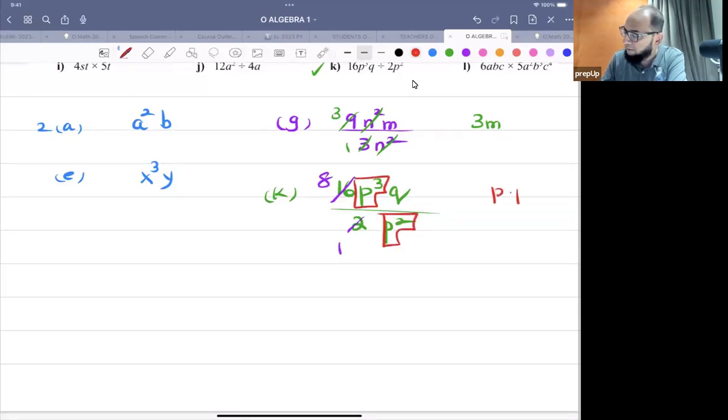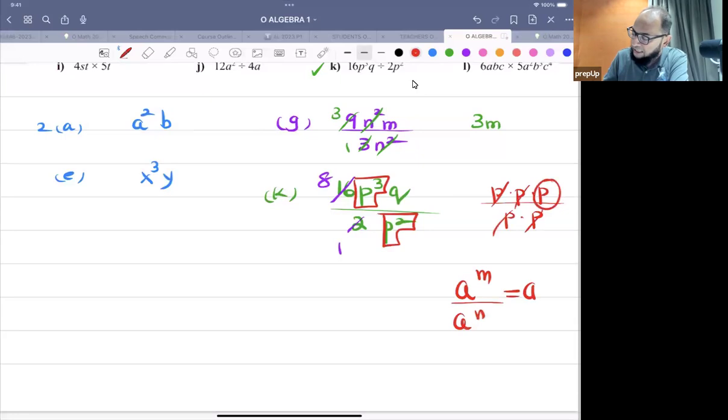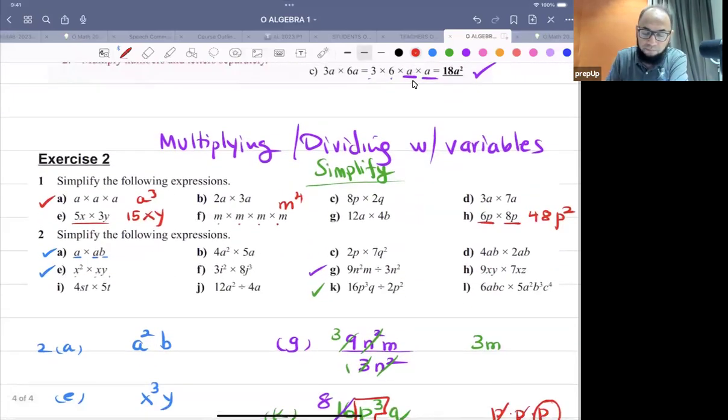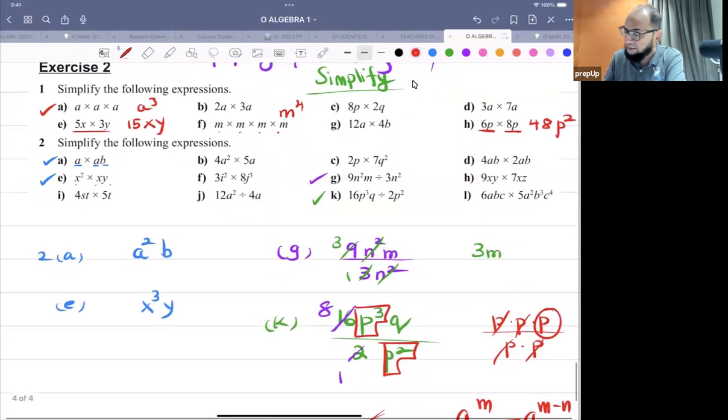So that's p over 2 p's at the bottom. So these cancel out. What am I left with? p. I can also apply this concept a power m over a power n, that is a power m minus n. If the bases are the same, the powers subtract in division. So therefore, we are left with 8, we are left with p, we are left with q, and that is the answer for this particular part. So that's about this thing.